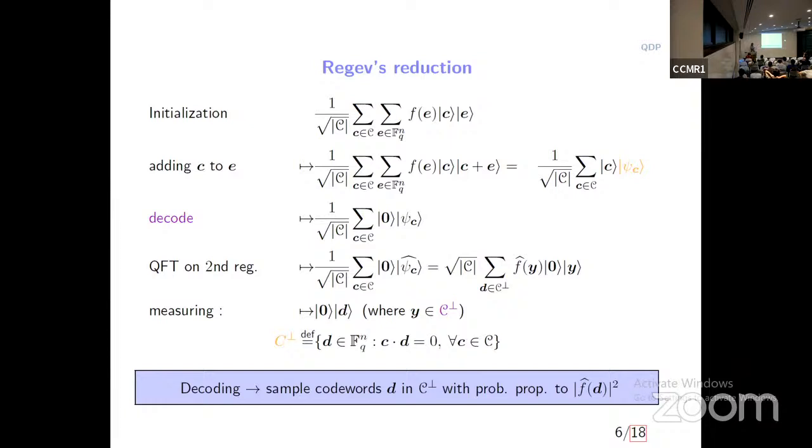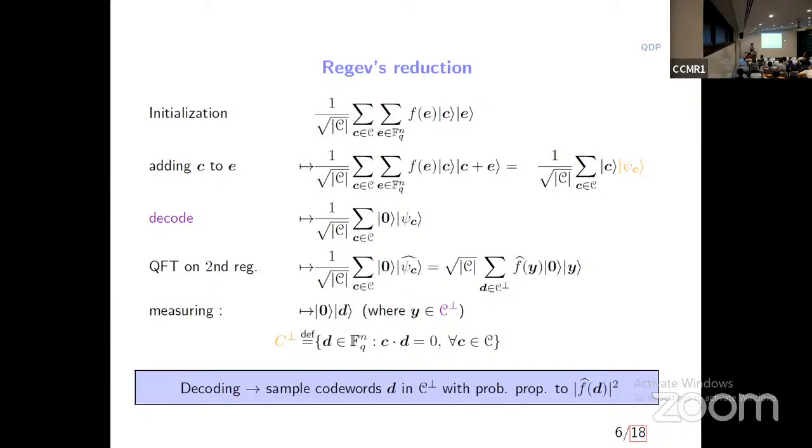And so basically you have a way of sampling small weight code words. So if you can solve a classical decoding problem, you can do this. But unfortunately, there is no good way of solving it classically. As I said, all the algorithms for doing it classically have exponential complexity.